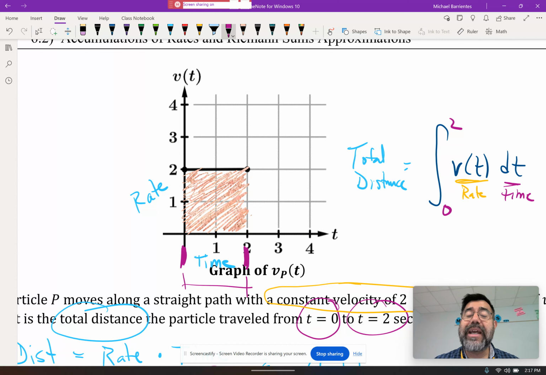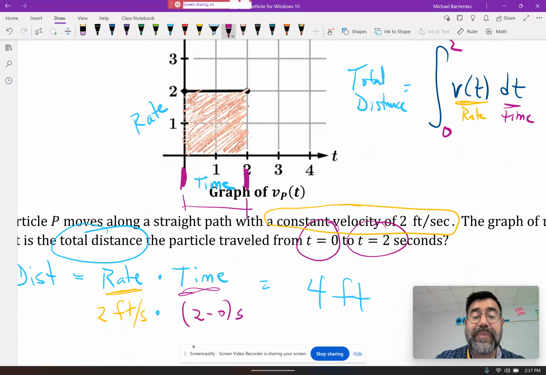And so when I take the integral of velocity with respect to time, these two symbols kind of remind me of this setup I did over here. And what I'm doing is I'm accumulating from 0 to 2 all of those areas that go from 0 to 2. And that's how I can find the total distance.